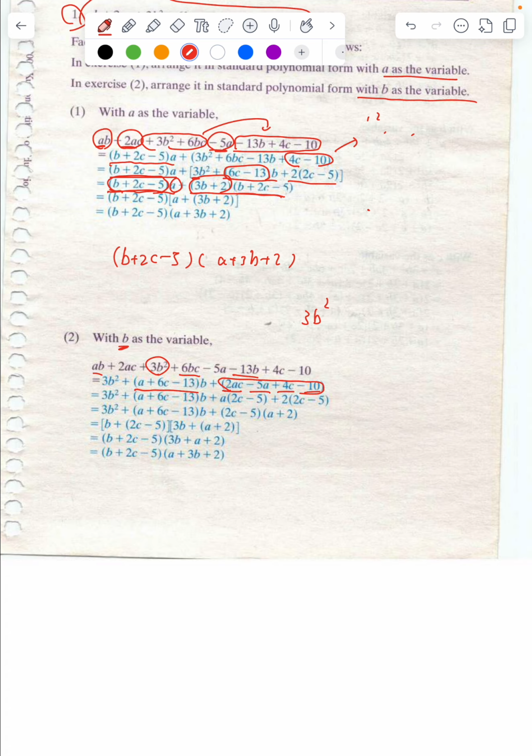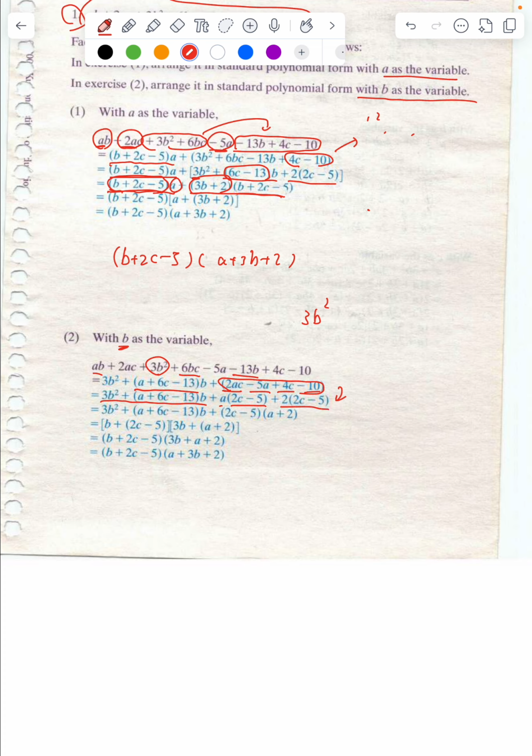Next step, nothing changes for the first two terms because we already grouped them. We factorize the A out of the 2AC and 5A, then we will have A times 2C minus 5, and then we factorize the 2, which becomes 2 times 2C minus 5.